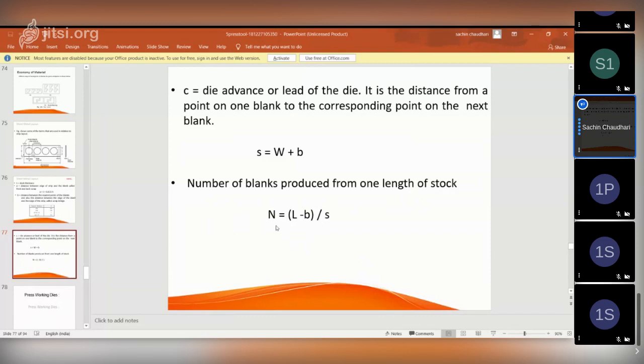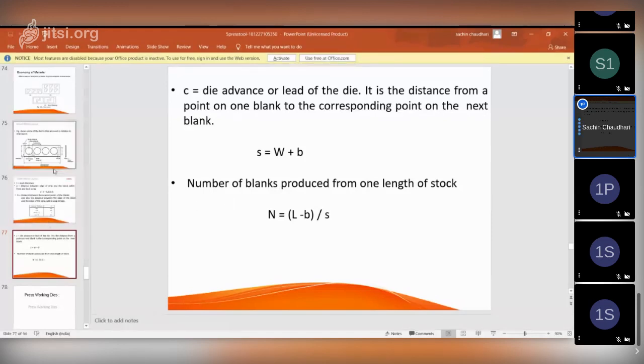The formula is n equals (L minus B) divided by S, where L is the total length of the strip, B is the scrap bridge distance, and S is the feed. So in this way you can understand how many blanks you can produce from one unit length of stock.